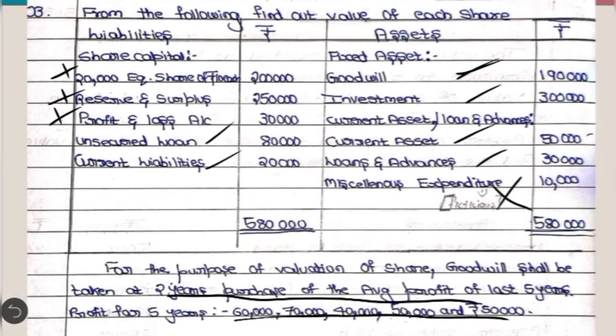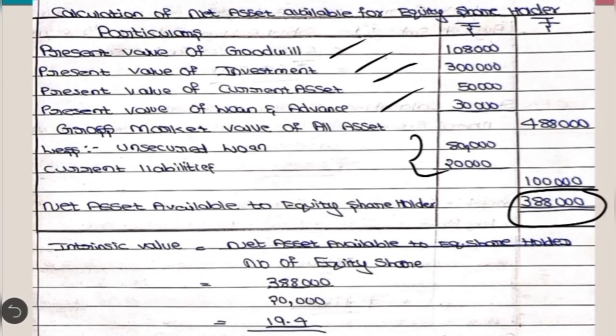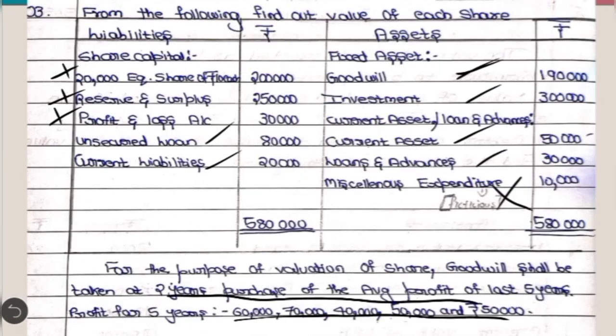Then if you check the liability side here, they have not given us preference share capital here. So which means that only equity shares are there. So whatever the balance you get, 3,88,000, everything belongs to the equity shareholders. So you have to write net asset available for equity shareholders. Then the formula would be intrinsic value is equal to net asset available for equity shareholders divided by number of equity shares. 3,88,000 divided by what is the number of equity shares you find here? 20,000.